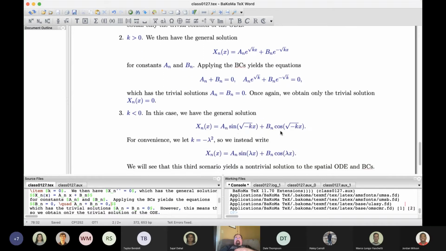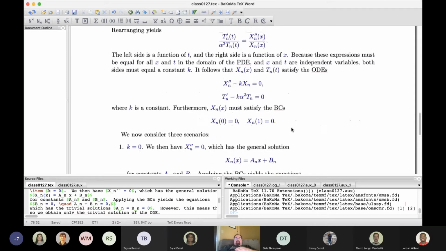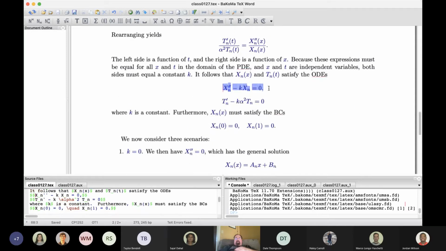So this is a general solution now. The fact that we get a general solution like from this case and this case actually comes from what you learned in your first course in ordinary differential equations. When you're solving an ODE like this one, what's the standard approach?